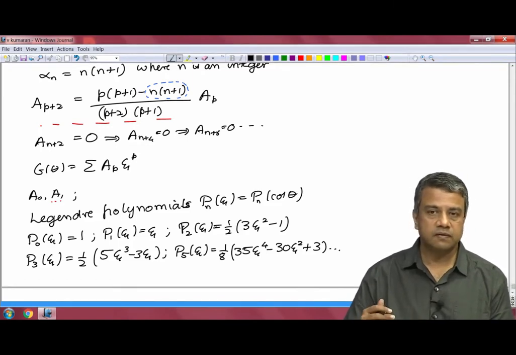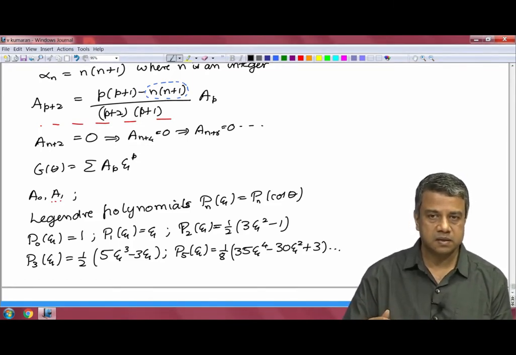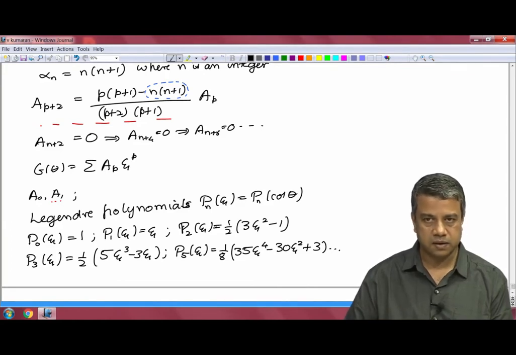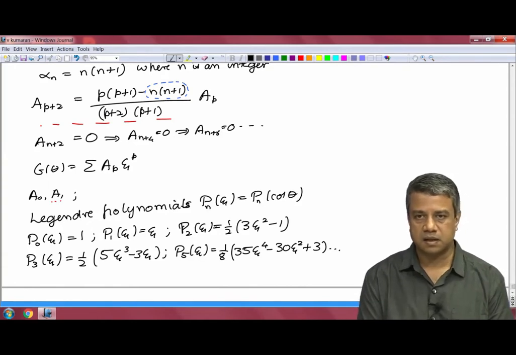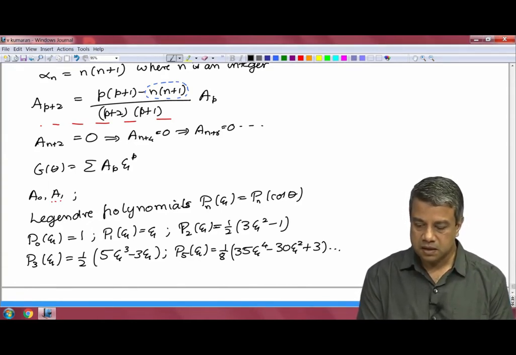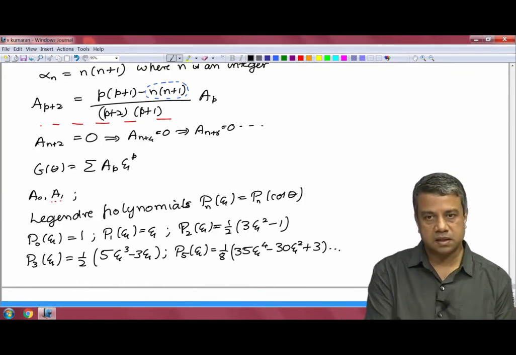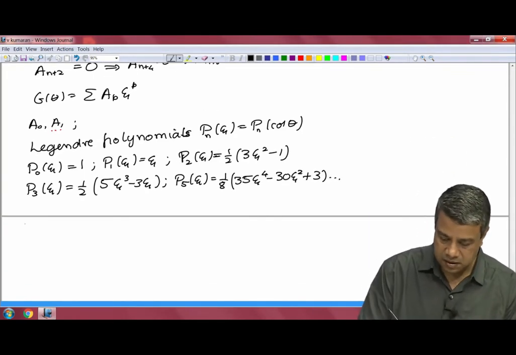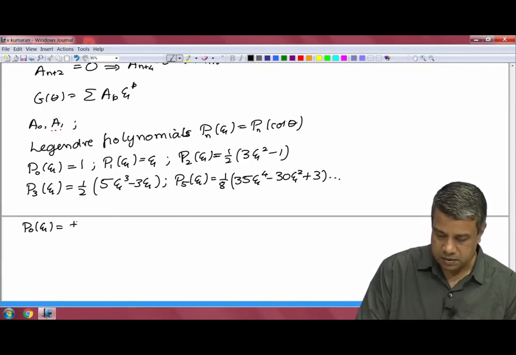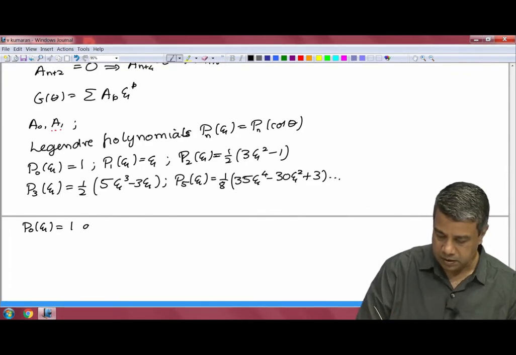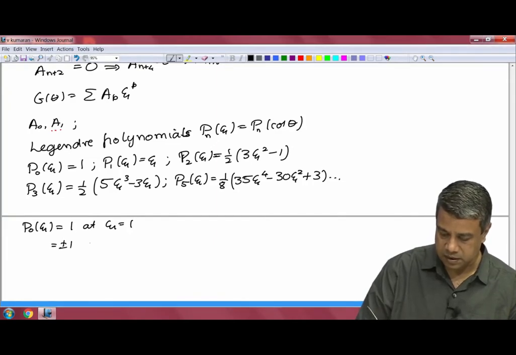These are of course known only to within an unknown constant, because we have a linear equation for g. Therefore, if you multiply this by any constant, this will also be a solution, because it is a linear equation. So, I can multiply these polynomials by any constant and you will still get a solution. The normalization that has been used here is that Pn of psi is equal to 1 at psi equal to 1, and is equal to plus or minus 1 at psi equal to minus 1.